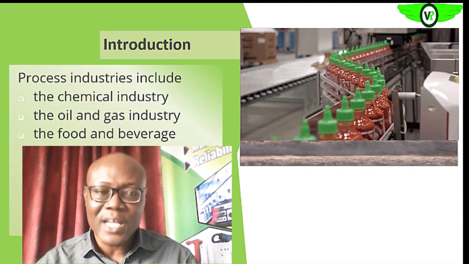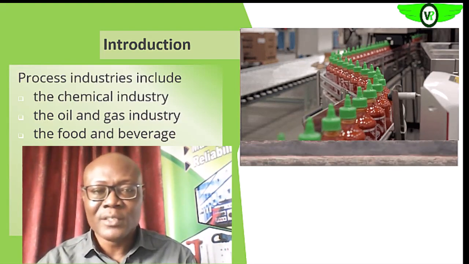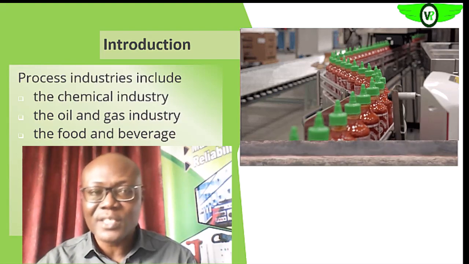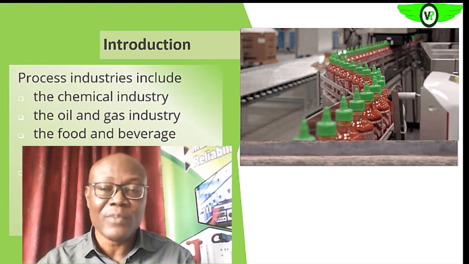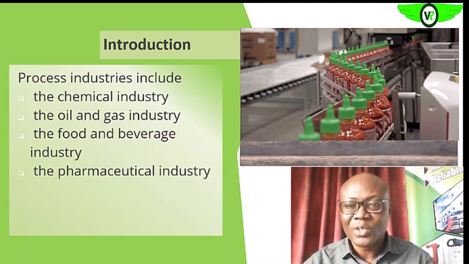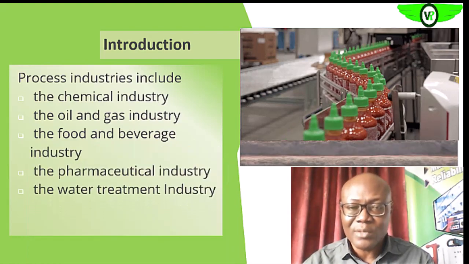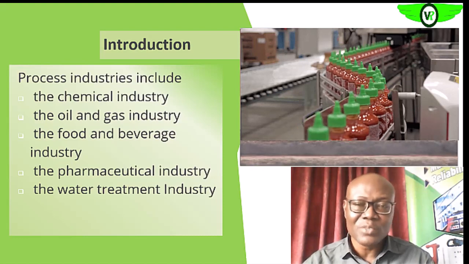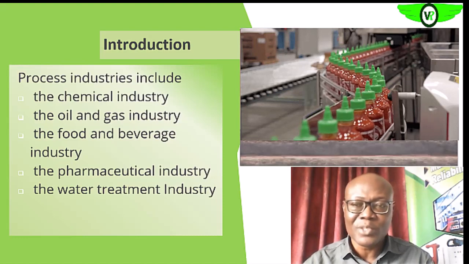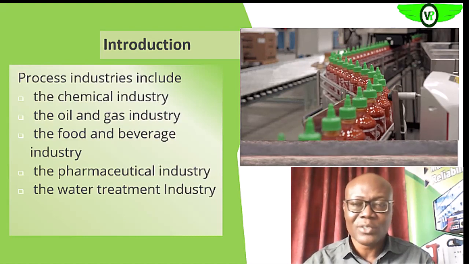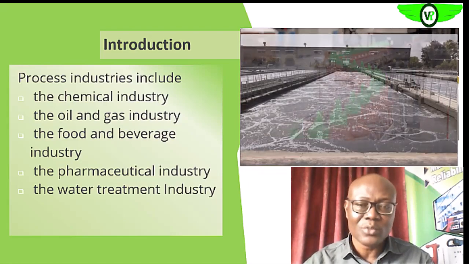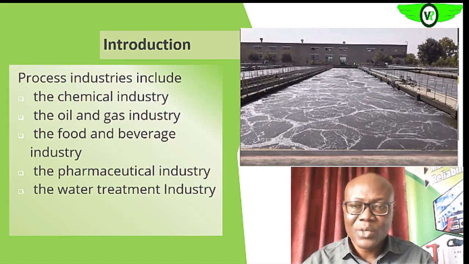So these are examples of process industry. Okay, so the process industry also includes the pharmaceutical industries where drugs are produced, and the water treatment industries where potable and industrial water is also produced, as we can see.